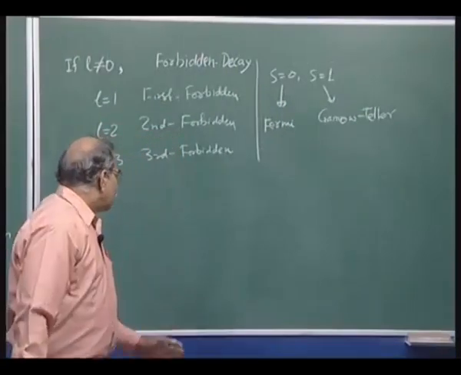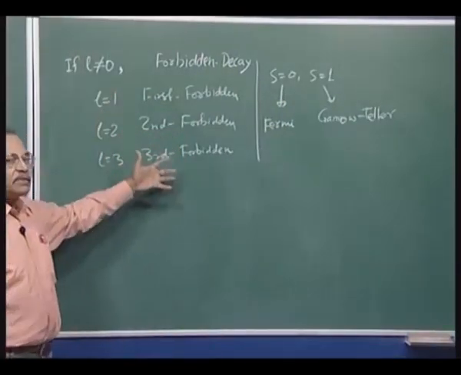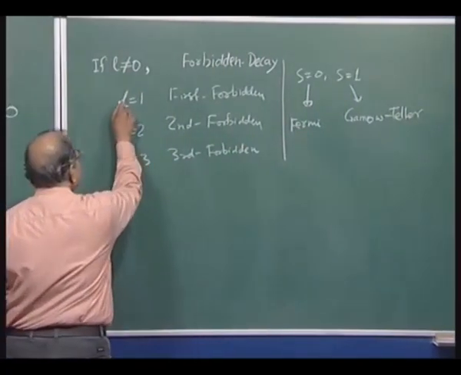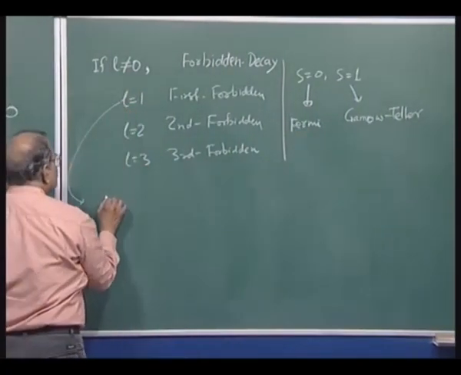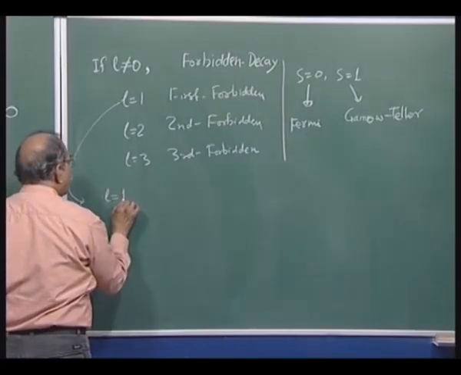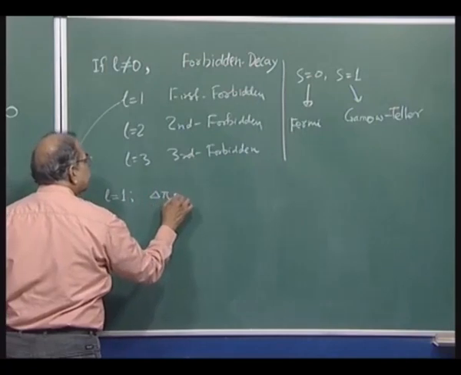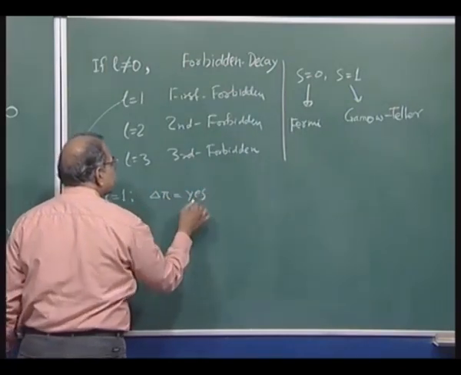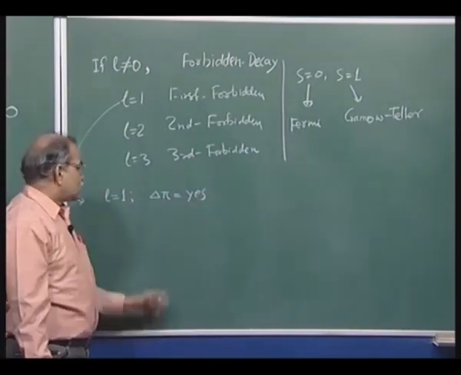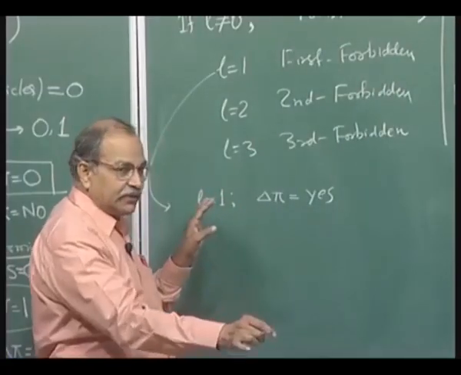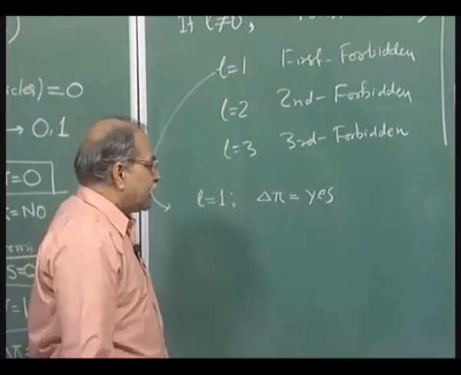So, what are the selection rules for these forbidden transitions? For example, take first forbidden transition. So, L is equal to 1. That immediately tells that parity changes. Delta pi is minus 1 to the power 1, that is, minus 1. So, parity should change between the daughter nucleus and the parent nucleus.